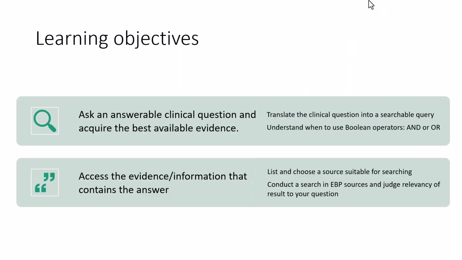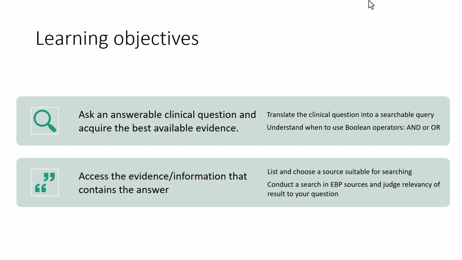We aim to provide enough information for you to be able to ask an answerable clinical question and find the best available evidence to answer that, which will involve two stages.